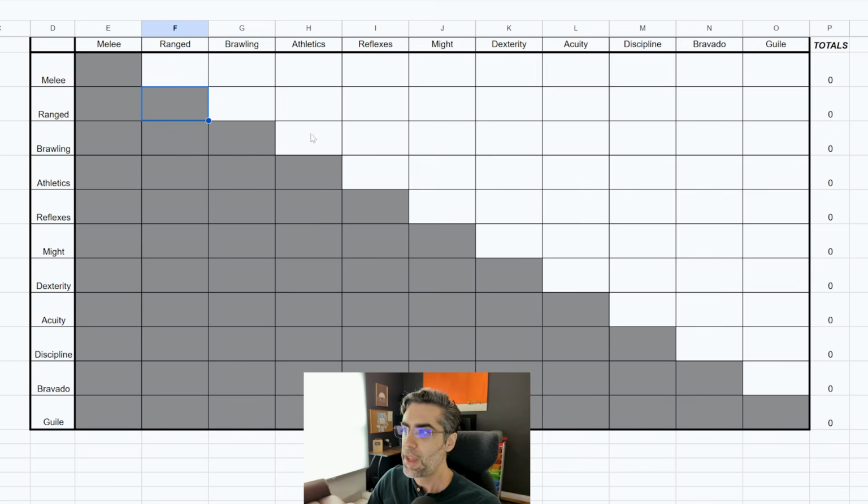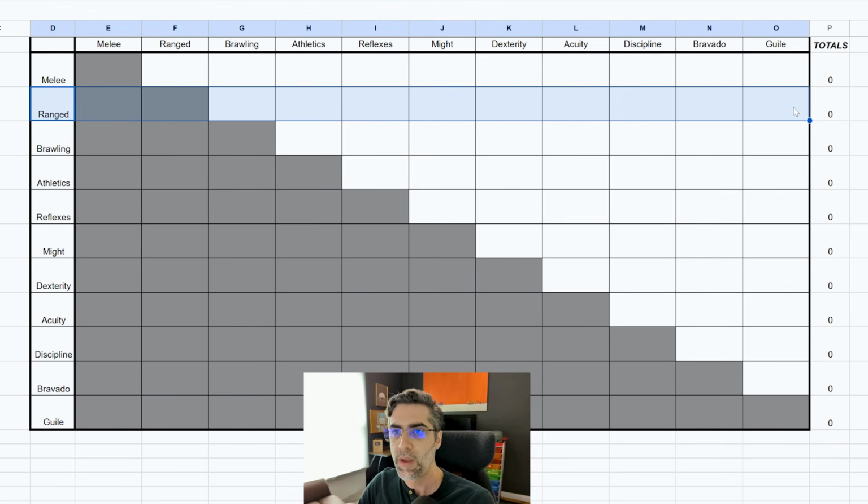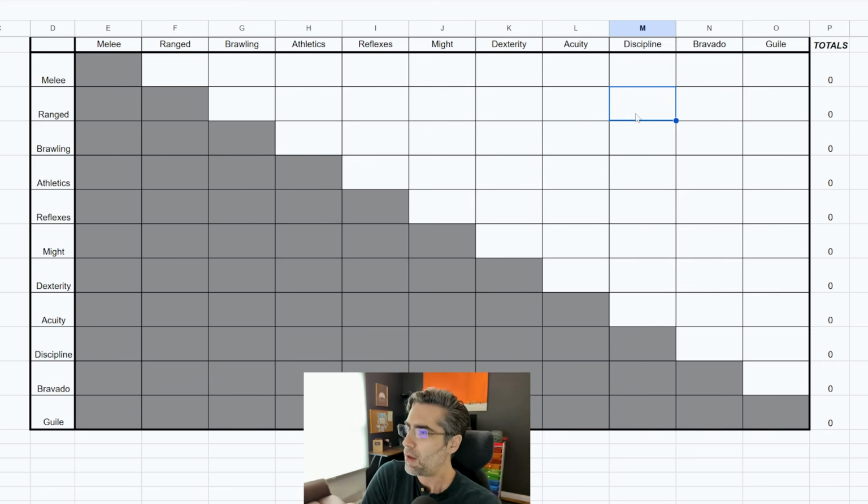So for example, when looking at this row, the ranged skill, which is how you'd shoot guns in a setting like this, right? It's how you'd know how to fire a bow or use your 6-shooter or shotgun. And so it made me think, okay, who would have access to that sort of training in their backstory? For example, what is discipline and ranged?